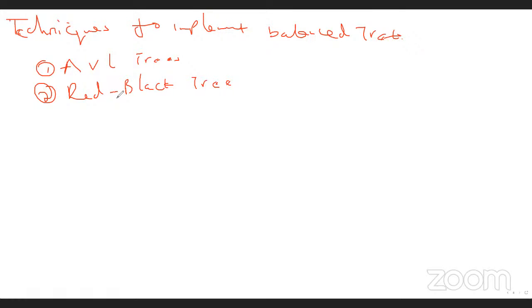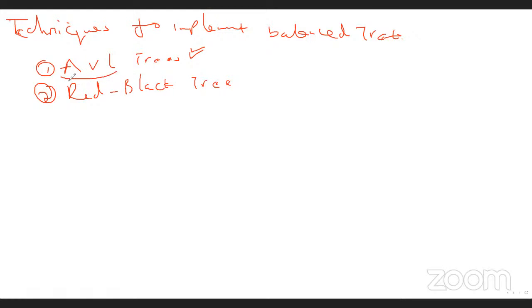There are two techniques, AVL trees and red black trees. For the purposes of assignments and assessments, we are going to be working with AVL trees. I would like you to read about red black trees, not because we are going to examine you on it, but because it's good for you to know. And if you go for interviews, they might ask you to know this. So there are two techniques mainly that we can talk about. There could be others.